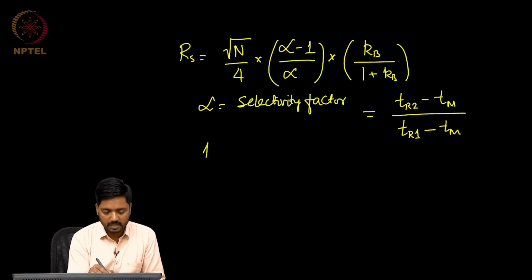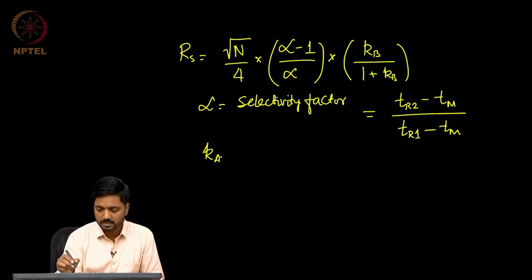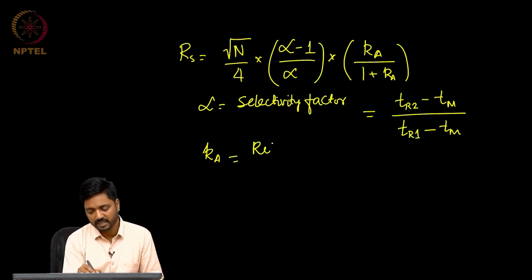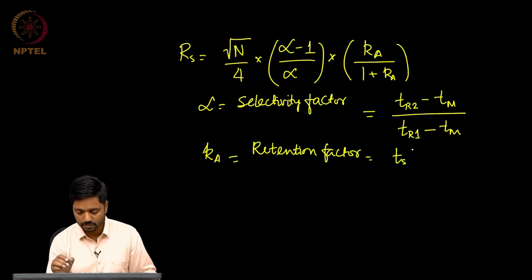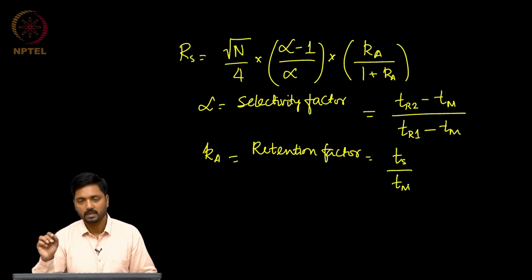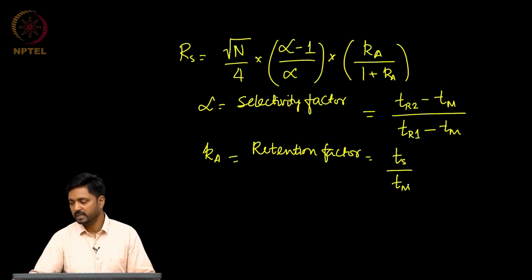Similarly, Kb, or let us put this as Ka because we have been studying this as Ka instead of Kb, Ka is our retention factor, and that is nothing but the ratio of the time the analyte spends on the stationary phase divided by the dead time or the void time.